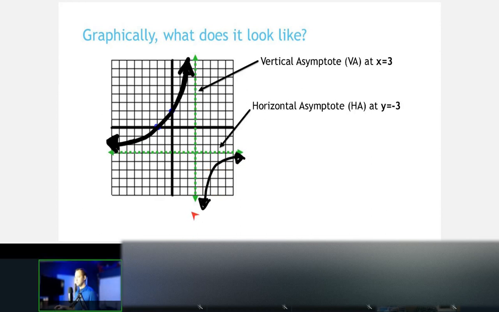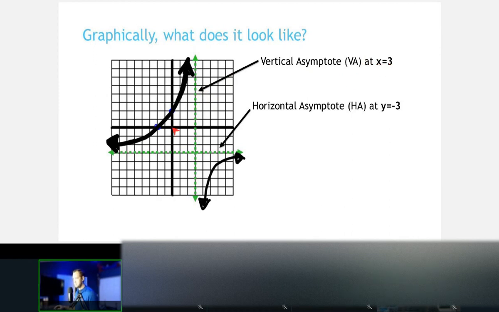This vertical line, this vertical asymptote, I call them VA for short. So you'll hear me say VA instead of vertical asymptote, and HA for horizontal asymptote. So this graph will get really close to this VA, but won't touch it. Also want to note that if you've forgotten, vertical lines, those equations are always in the form of x equals some number.